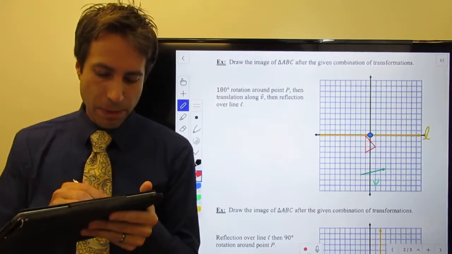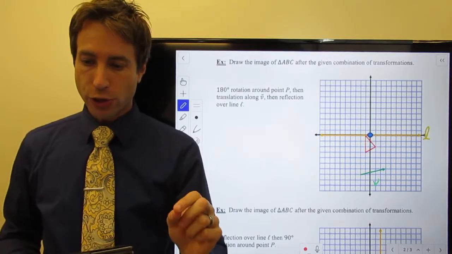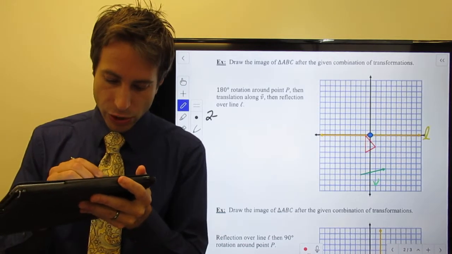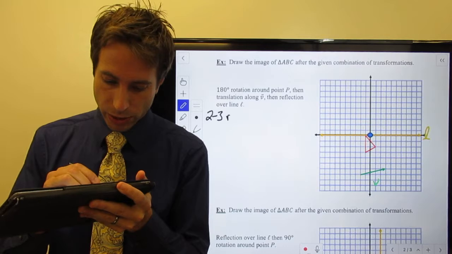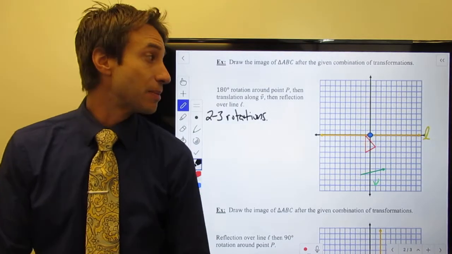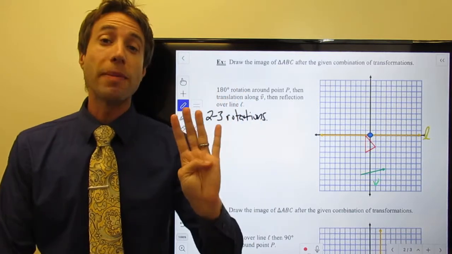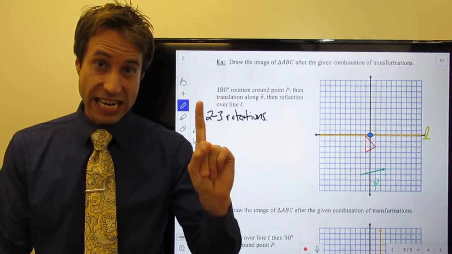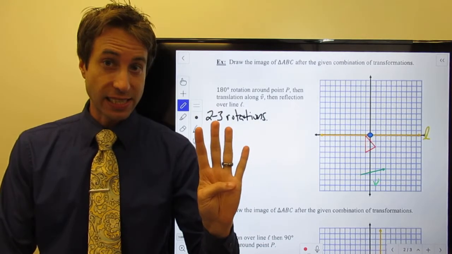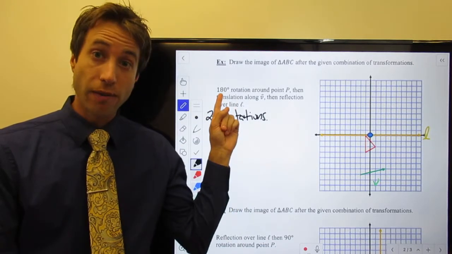Now, if you guys think back to chapter 2, section 3, so 2-3, we talked about rotations. We talked about 4 common angles of rotation: 90, 180, 270, and 360 degrees. Here's one of those common ones.